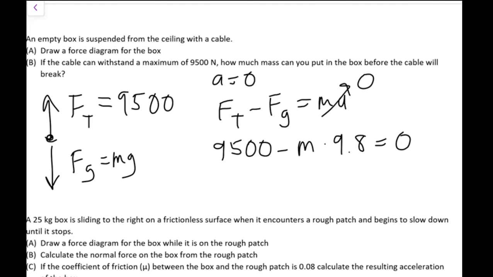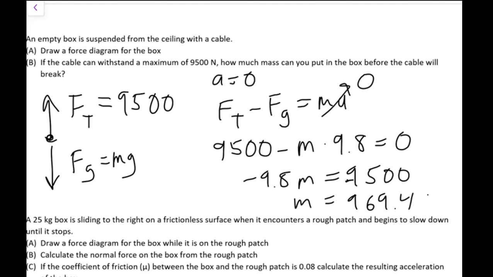I'm going to subtract over the 9,500, so I'm going to have negative 9.8 m equals negative 9,500, and then divide over the negative 9.8, which will give me a maximum mass of 969.4 kilograms before the cable snaps. Okay. So those are examples of vertical problems.